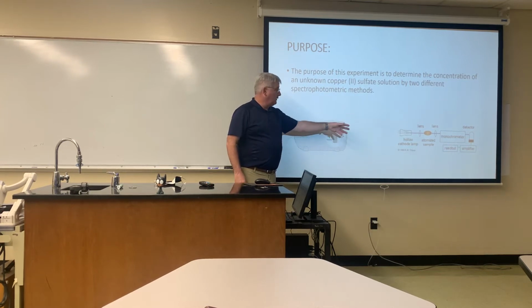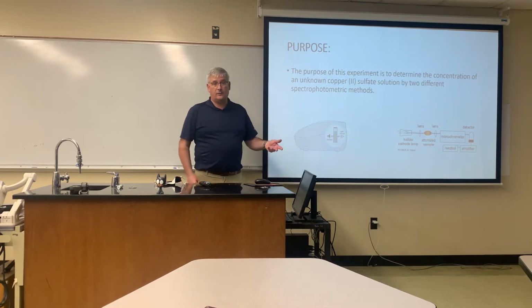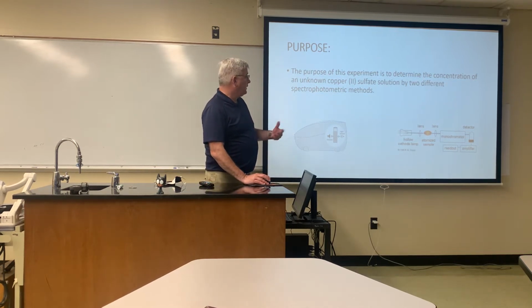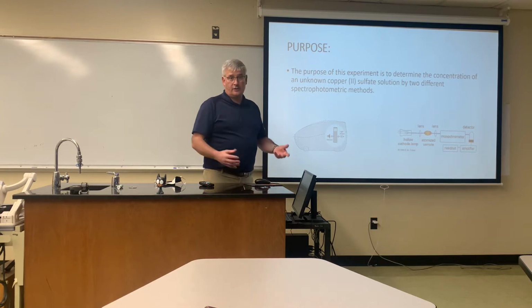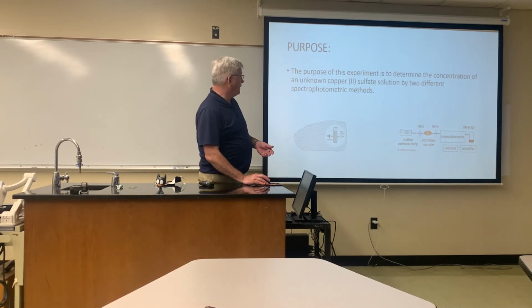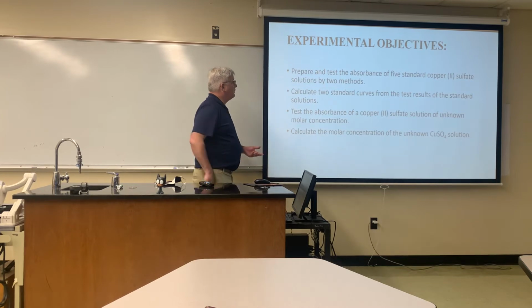In fact, we will use both of those instruments for today's experiment, so we'll get that opportunity. You could also use the scanning UV-vis spectrometer that we're using for the phosphate lab to do this experiment. So we'll look at those and do our measurements with those.